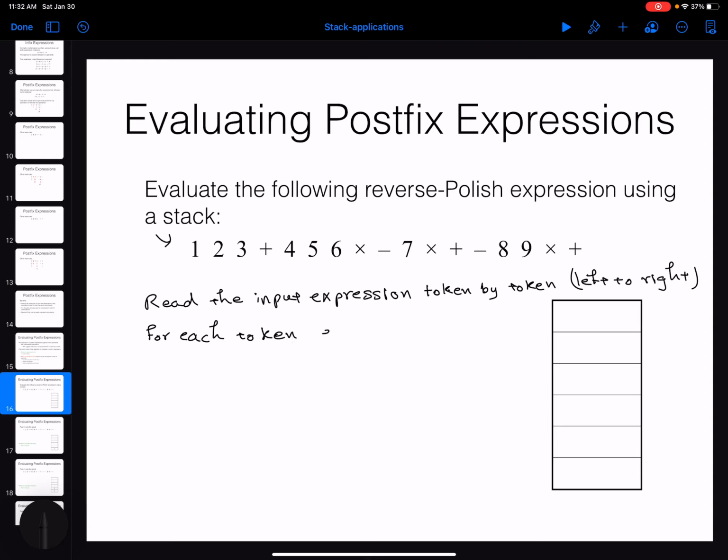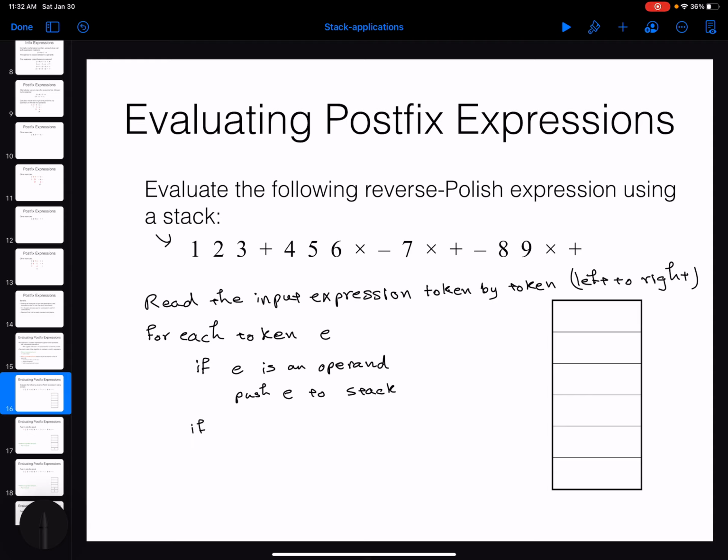For each token, let's just call it E, there are two cases, right? If E is an operand, what would happen? You just push it to the stack, right? Push E to a stack.